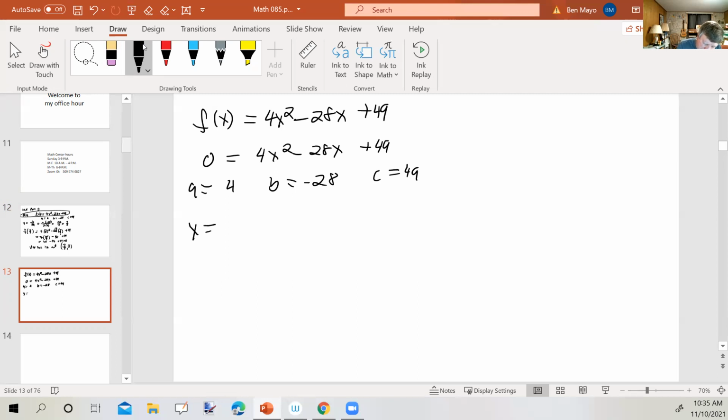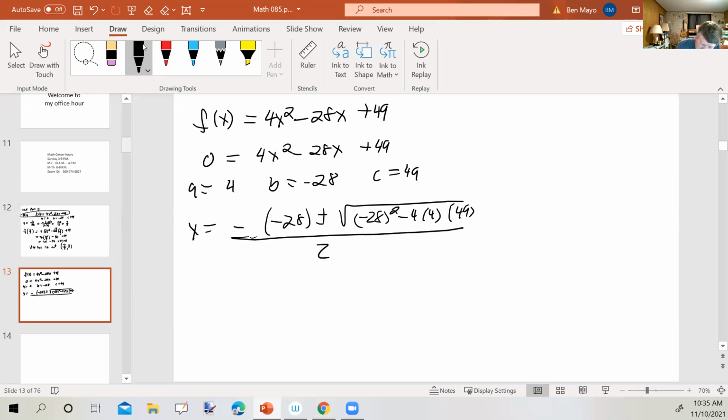So x equals negative b plus or minus the square root of b squared minus 4ac all over 2a. So x equals 28 plus or minus the square root of, if we take negative 28 times negative 28, we get 784.